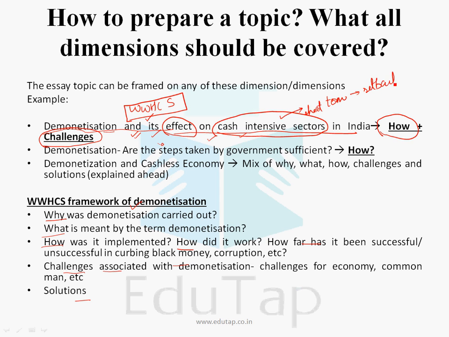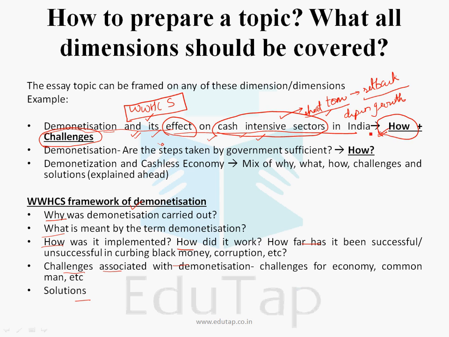In agriculture and the informal sectors of the economy, which are generally cash intensive, there was a dip in growth for the short term.